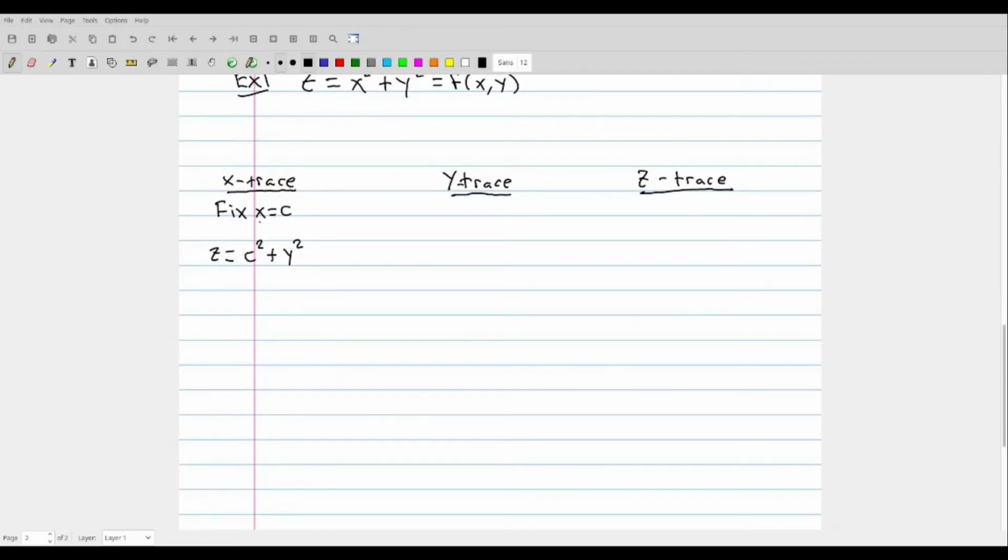So if x is fixed at various values of c, you want to think about what type of curve this is going to be for various values of c. And if you want to, you can make a table where you put a column for the various values of c. I'll do three separate values of c.